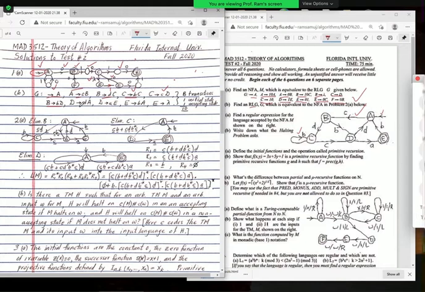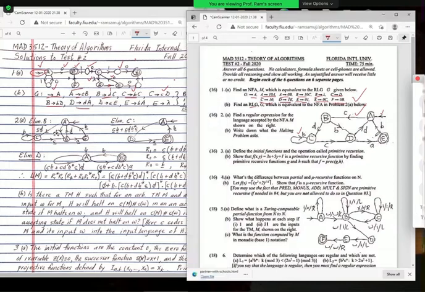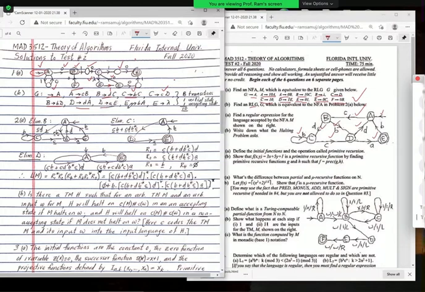D goes to AE, that's this. And then E goes to BA, that's this. And finally, E goes to lambda, because E is an accepting state and nobody else is an accepting state. That's why you get E goes to lambda, that's because of this.